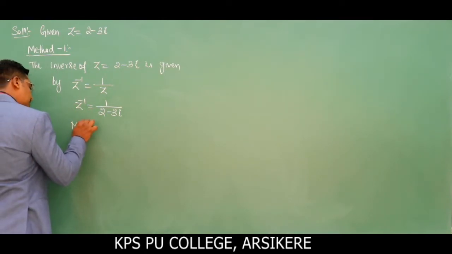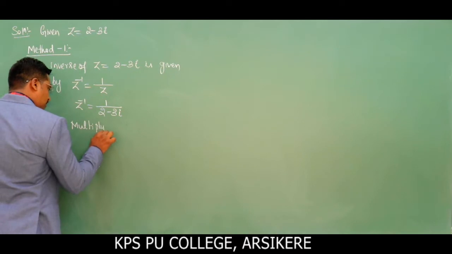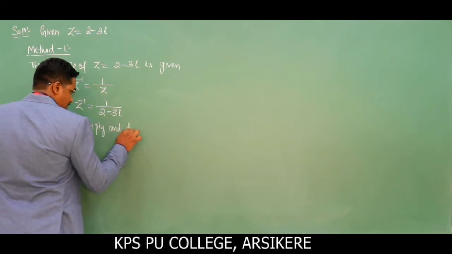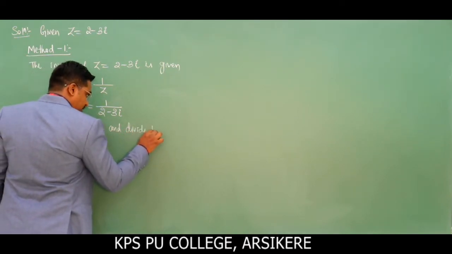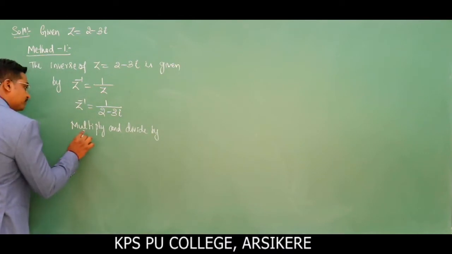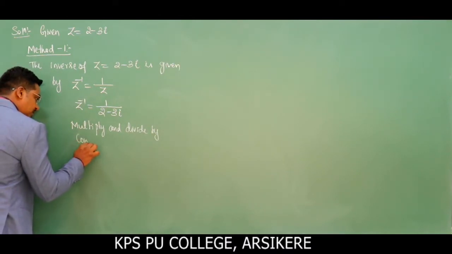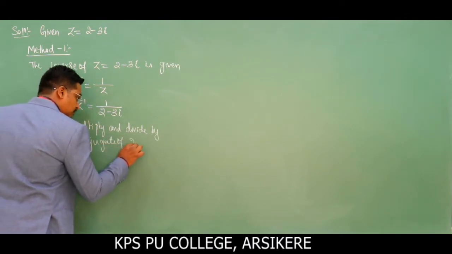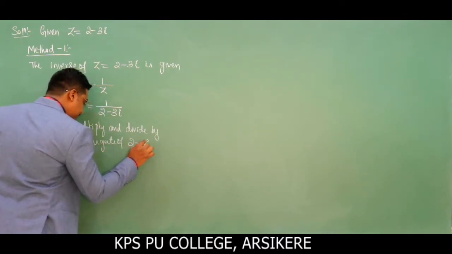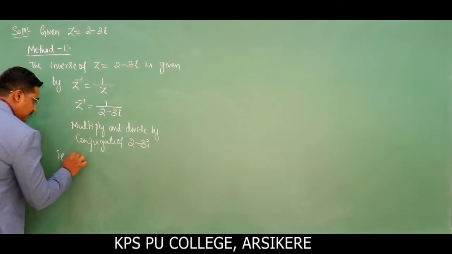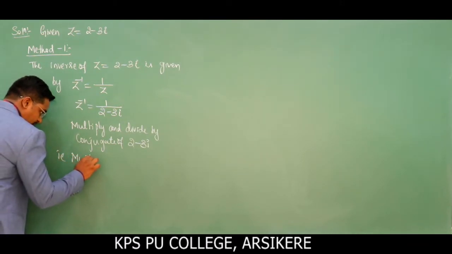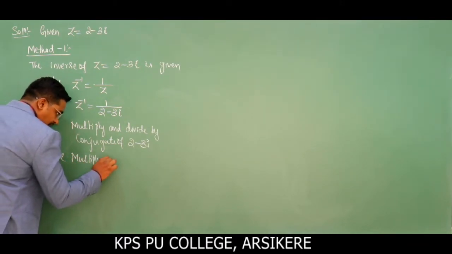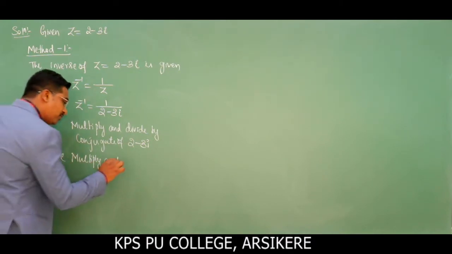Multiply and divide by the conjugate of 2 minus 3i, that is 2 plus 3i. I repeat again, multiply and divide by what?